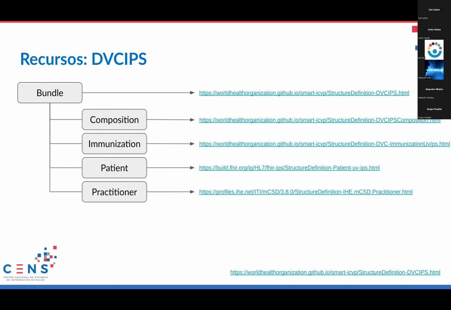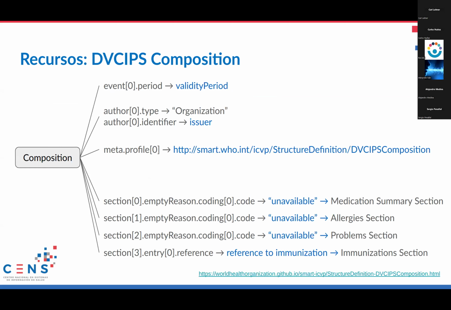We're going to be looking at them, but the idea is that you can know which elements you can access. Each of the profiles, the patient is using the IPS and a practitioner is using another implementation guide. So this is the common structure or the simplest structure that we can represent here.